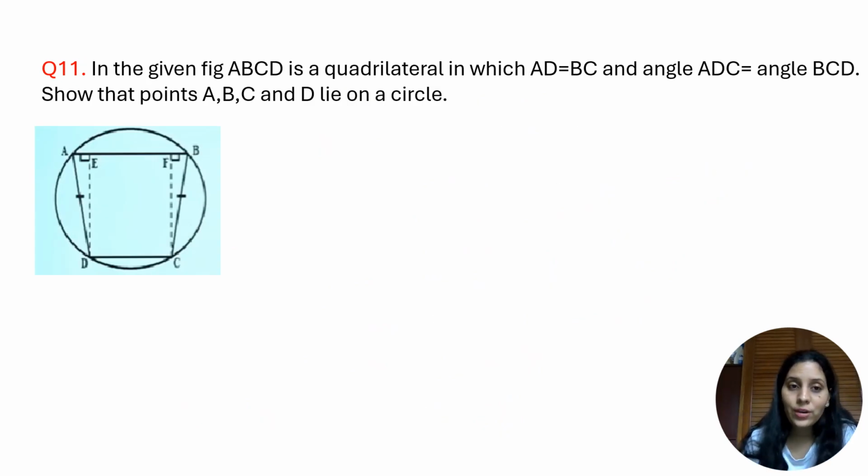In the given figure, ABCD is a quadrilateral in which AD is equal to BC. Angle ADC is equal to angle BCD. Show that ABCD lie on the circle. Okay, so basically we need to prove ABCD is cyclic.